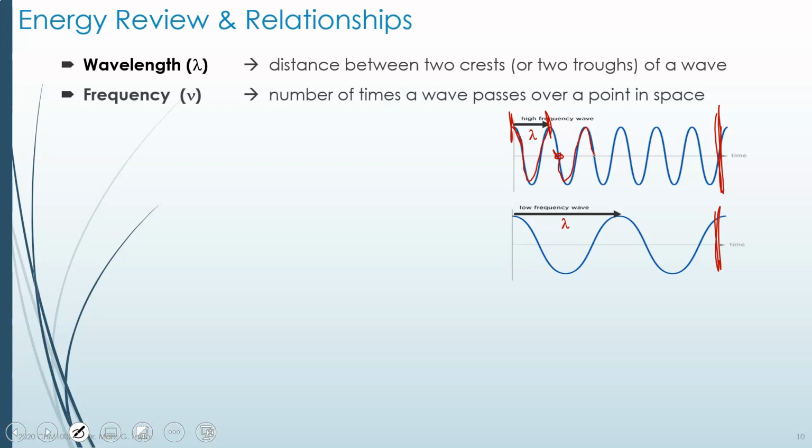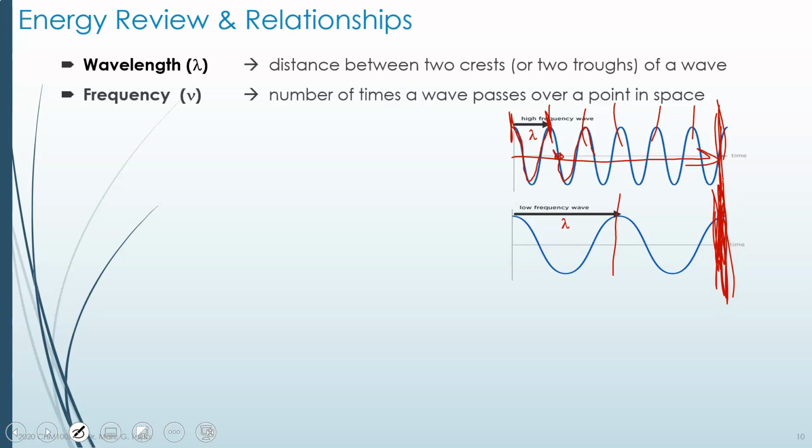But if you count them, going from left to right here, in a certain period of time, we have 1, 2, 3, 4, 5, 6 wavelengths of light that have passed through. Whereas in the bottom wave, the wavelength is much longer, but the frequency, how many times the wave goes through this point, is much lower. This one only has 2 waves that go through in this period of time.